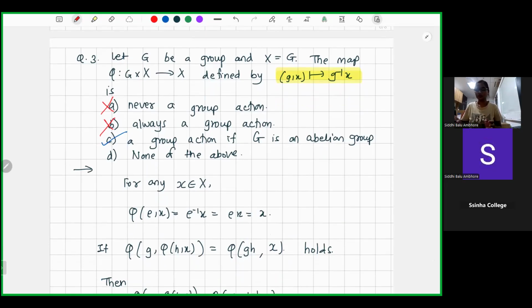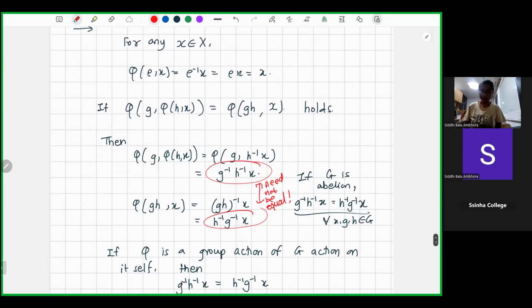And this one we can anyway discard. Any doubts here? If not, then we will move to the next question.